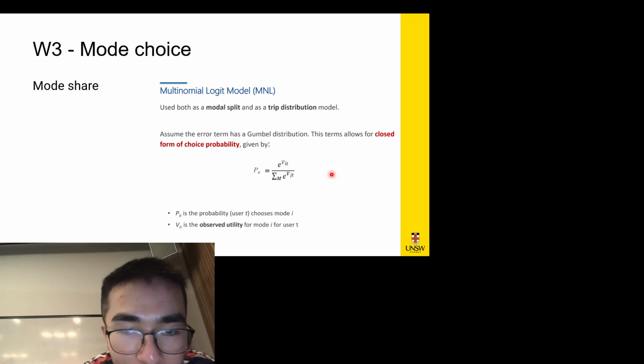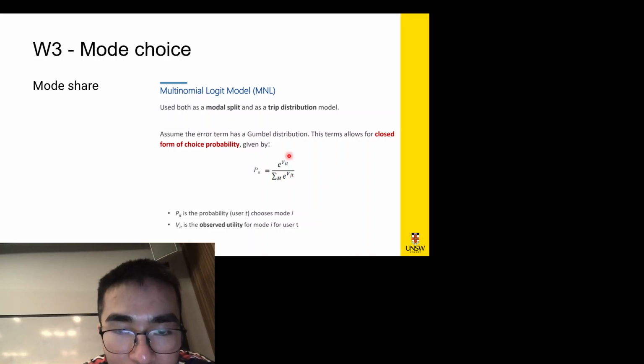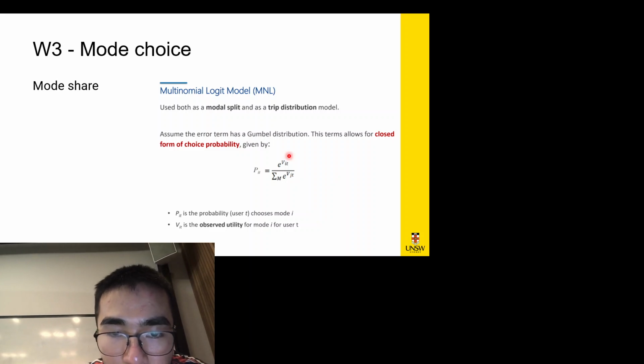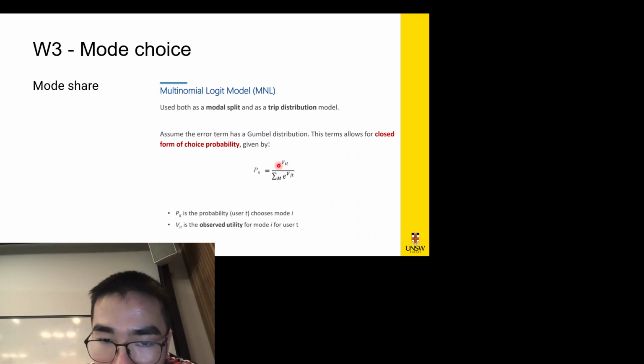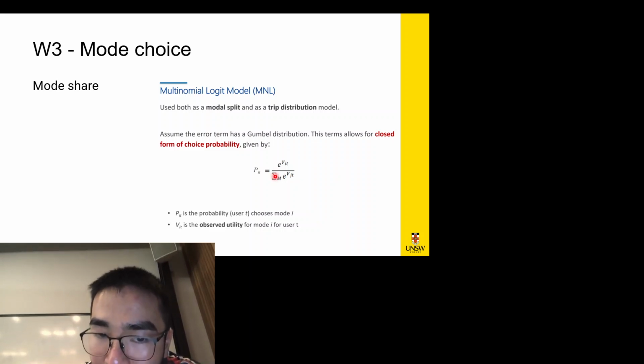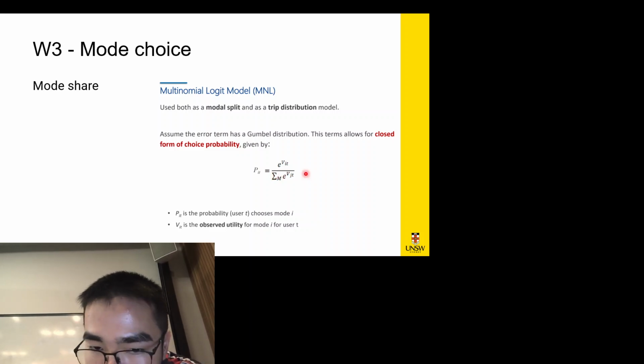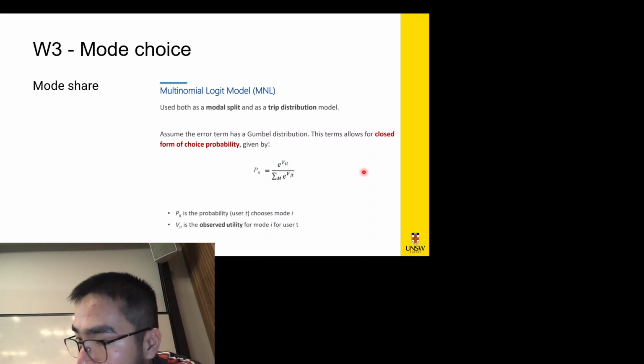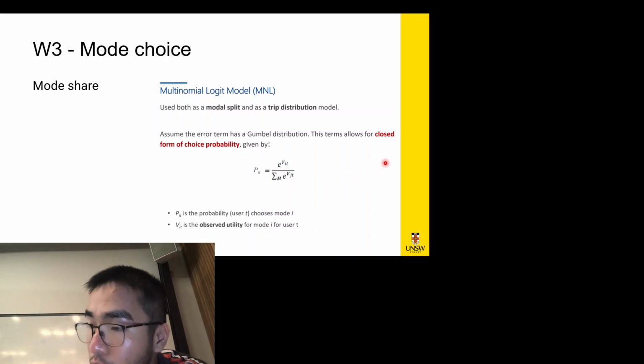So the probability of people traveling by car equals e to the power of the utility of the car, divided by e to the power of the utility of the car, plus e to the power of the utility of the train, plus e to the power of the utility of the light rail, plus e to the power of the utility of the bus, plus so on, of all the modes out there.